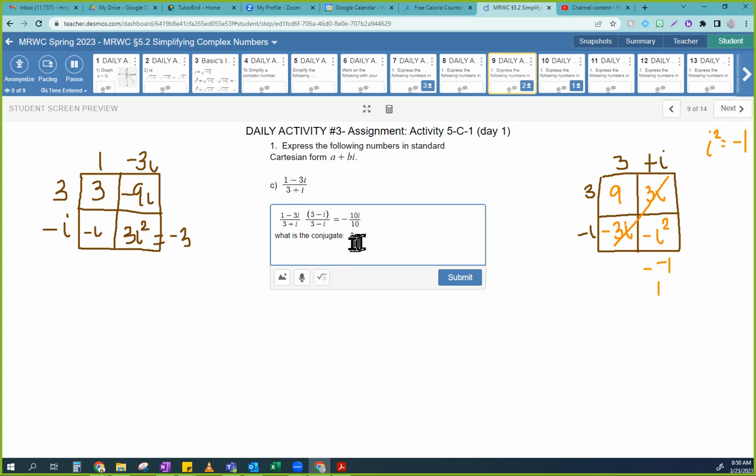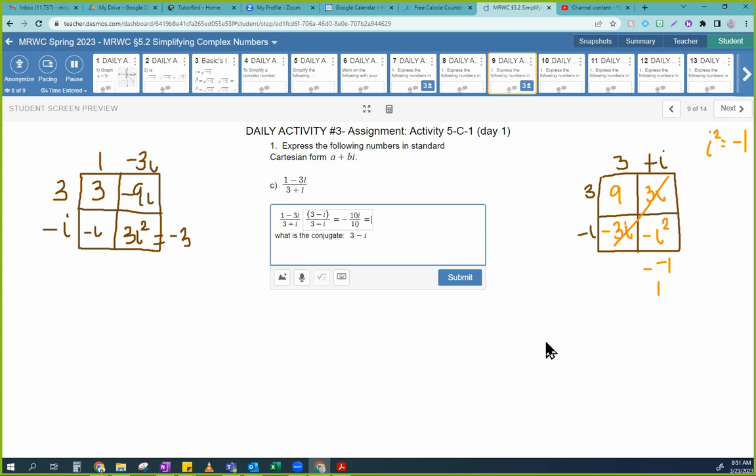Okay. So let me see if I did my job. My job was to get rid of the i's in the denominator. I've got no i's in the denominator. So I'm like, woohoo. But then I have to take a step back and make sure that I'm submitting the best answer. So is there anything else I could do in this problem that would simplify my answer? And someone sees it. Very good.